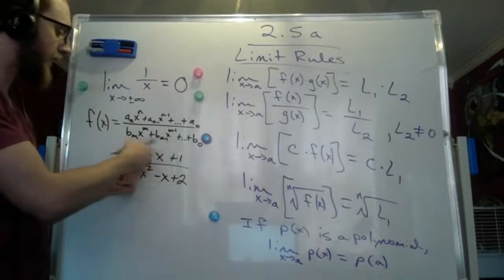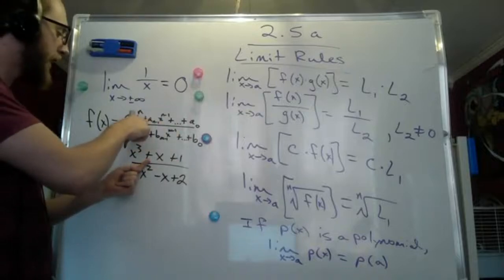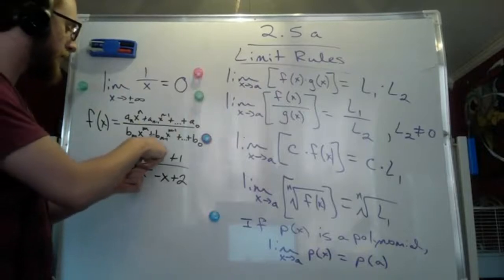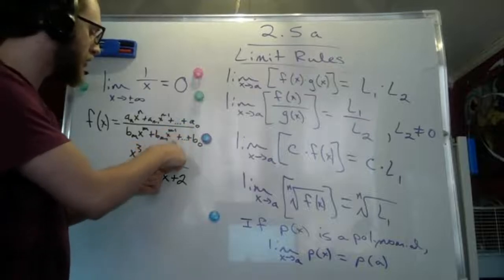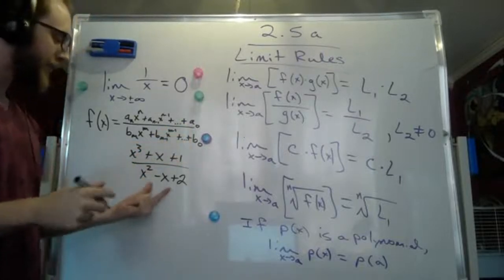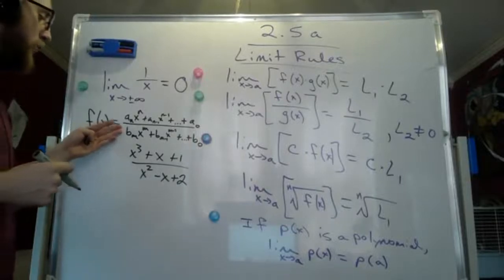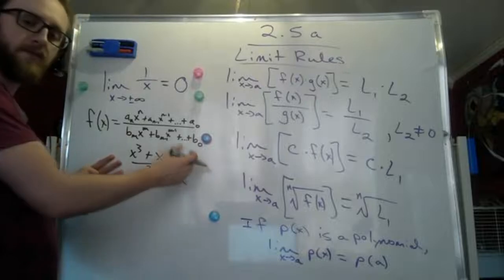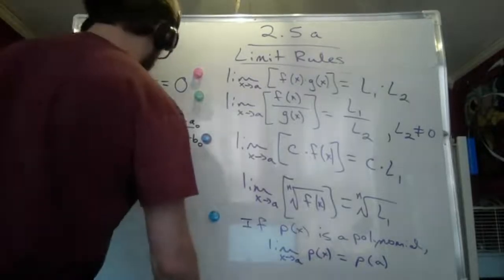We don't have an x to the second power in the numerator, so that means a sub 2 is 0, so there's no term there. But for the next one, we have the first power and a coefficient of 1, and then a sub 0 is 1. Same thing for the denominator. The whole point of writing it this way is that it's a way to abstractly talk about all functions that match this format.